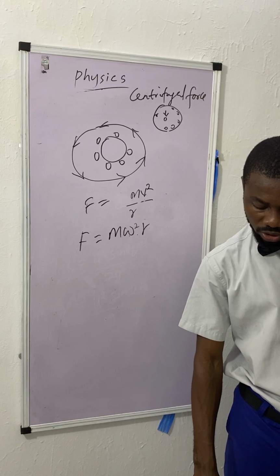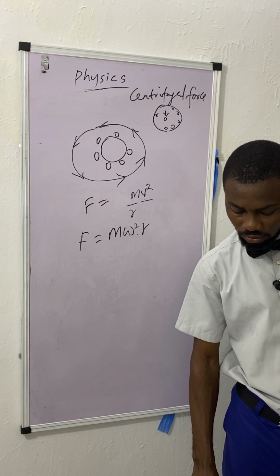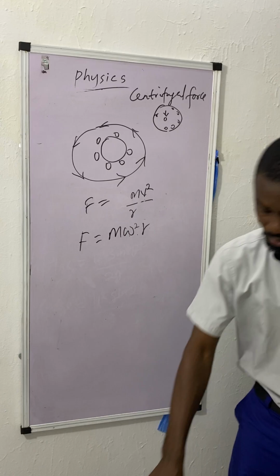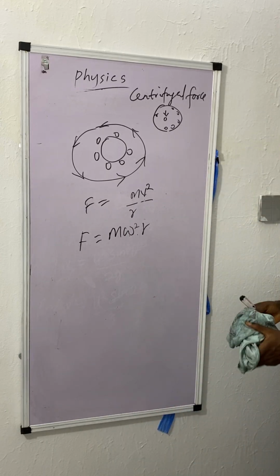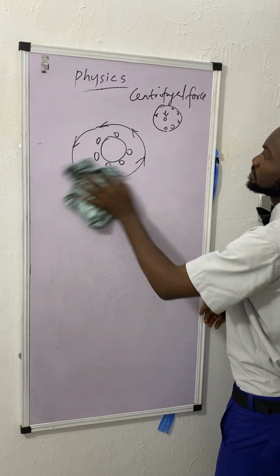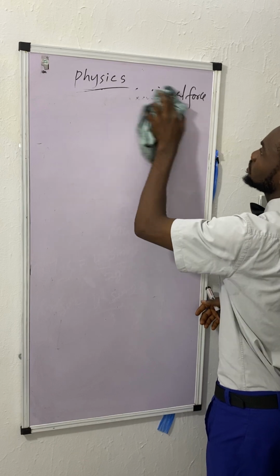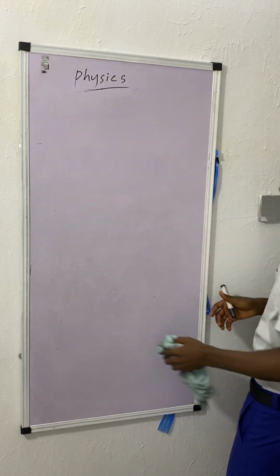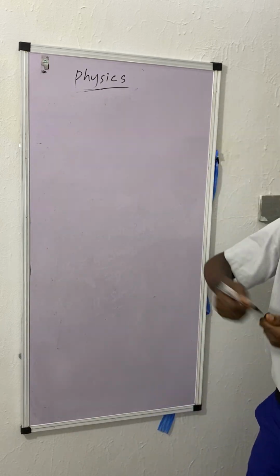Let's quickly look at simple harmonic motion. Simple harmonic motion is a to and fro movement, or you can call it oscillation. We normally abbreviate it as SHM.